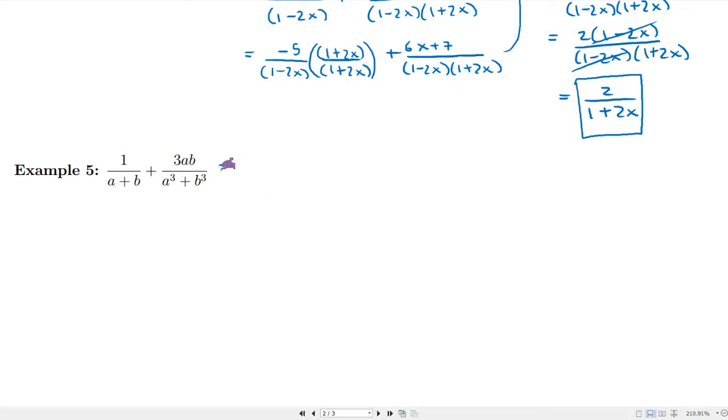So let's write this out. 1 over (a plus b), no factoring going on there, but then we can have 3ab divided by the sum of two cubes. Remember, the formula for this is (a plus b)(a squared minus ab plus b squared).